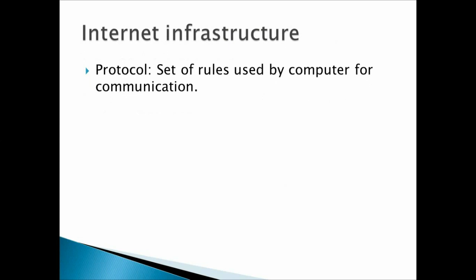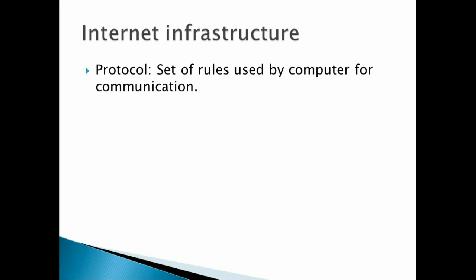Then internet infrastructures. There are some infrastructures of the internet. First is protocol. A protocol is a set of rules used by computers to communicate with each other. Suppose I have a protocol number, then each of you will have your own unique protocol number.